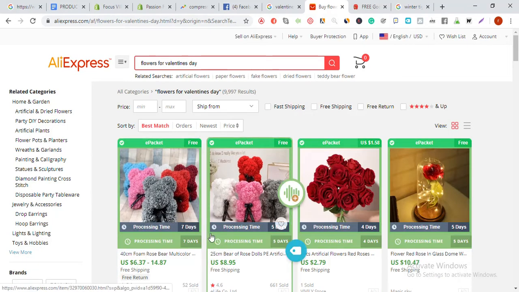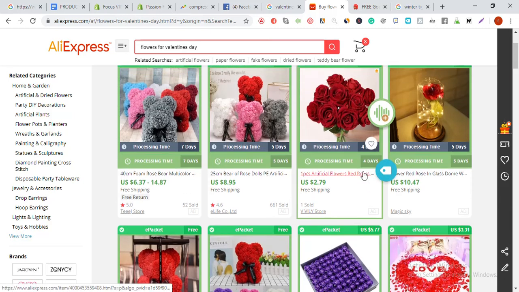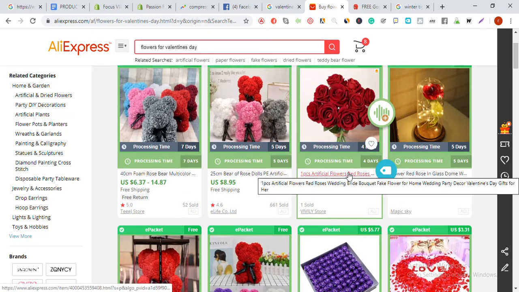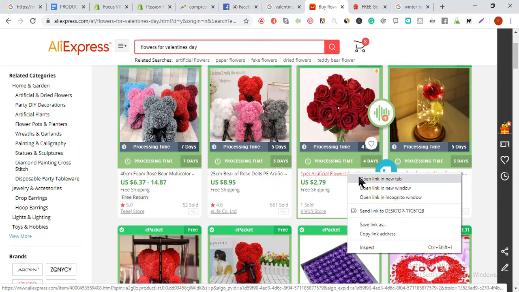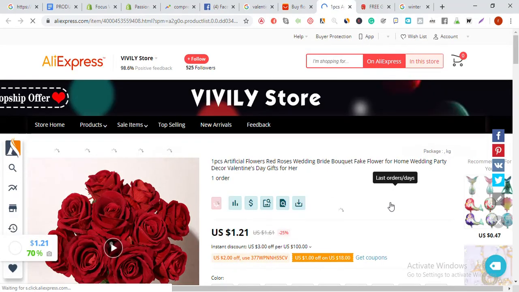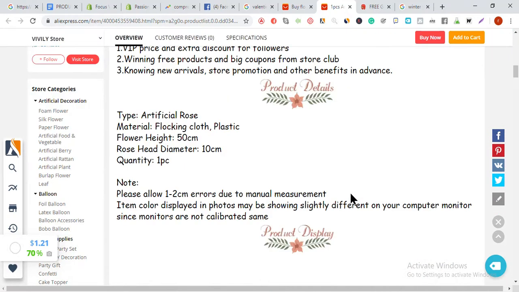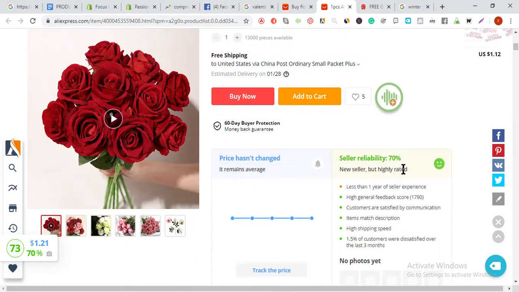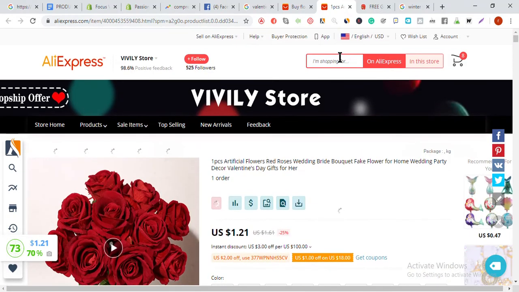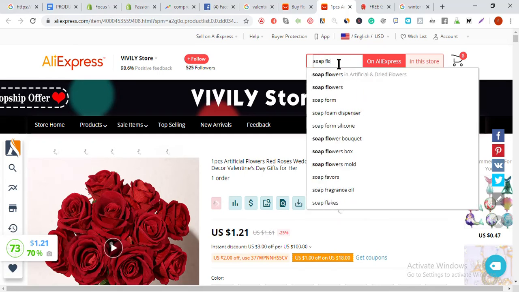Like, see? The rose bear. Or there are also flowers made from soap. You can also sell those. It's just an example. Let me see, what are they made of? I think soap flower. I forgot.